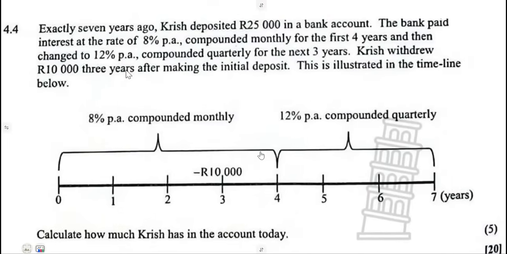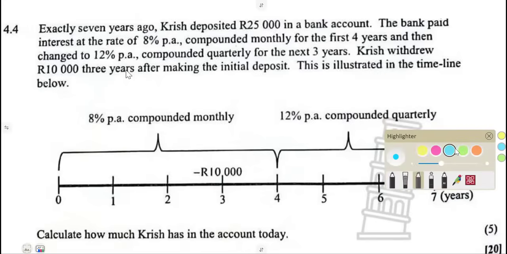On another part, 4.4, exactly 7 years ago, we are given that Krish deposited 25,000. That is the amount that was deposited into a bank. The bank paid interest at a rate of 8% per annum, compounded monthly for the first 4 years.